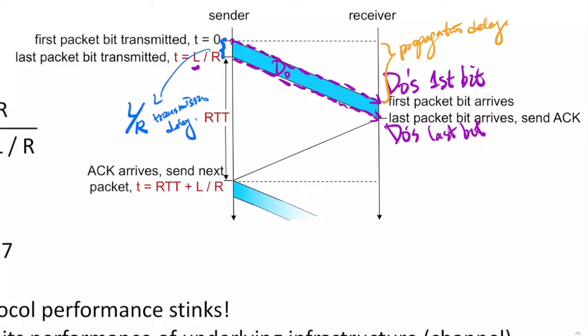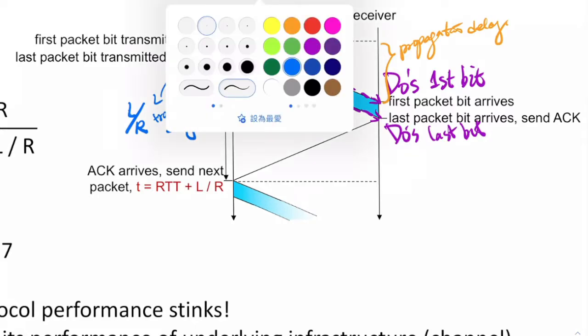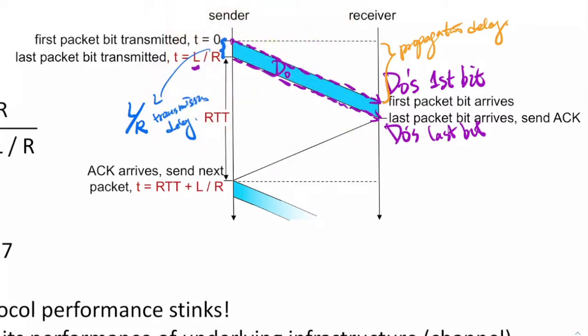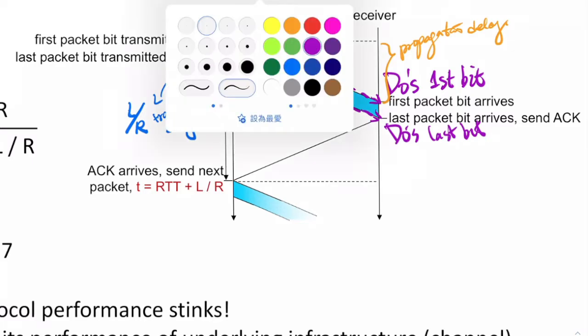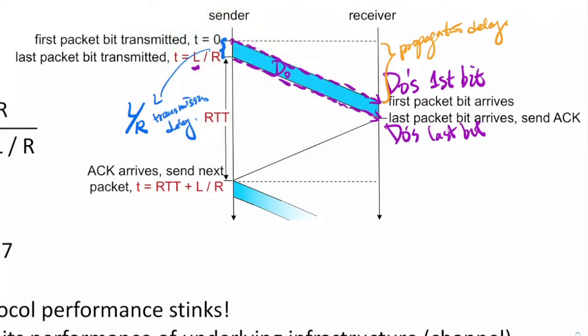Okay, and we mentioned it before. When a small packet is sent from the sender and another small response packet is sent back from the receiver, that is actually A0.